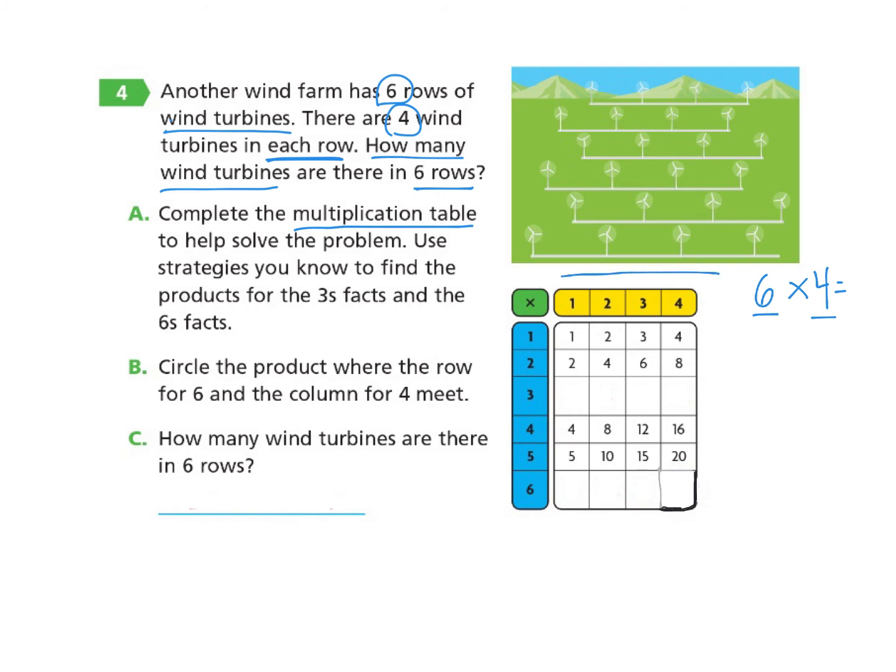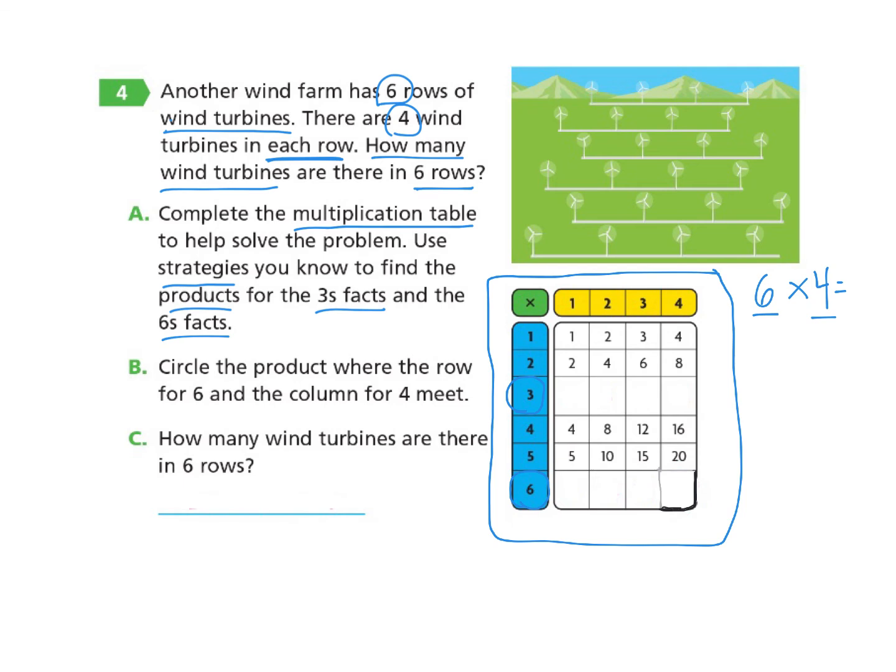So they have a multiplication table right here that is, some of it is completed, and our job is to complete the entire table. And then we're going to use the strategies to find the products for the 3's facts and the 6 facts, which we notice here are the 3's facts and the 6 facts, and those are the ones that are missing in this multiplication table.